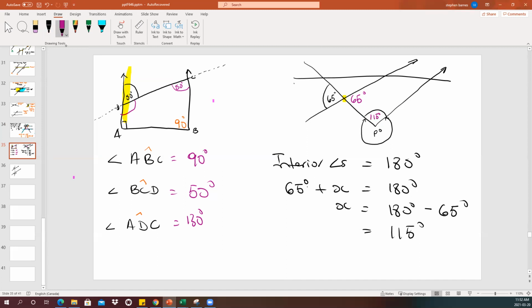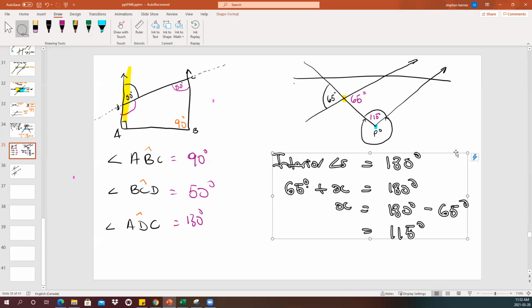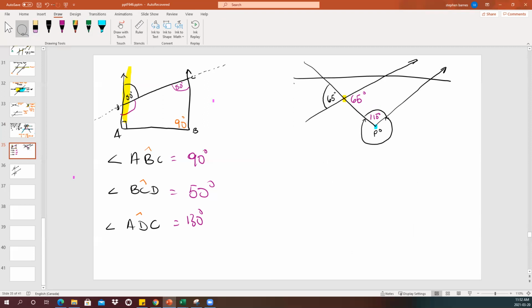115 degrees. So now, having found all of that, I can now find the angle that I was asked to find, which is angle P. Because we see that angle P is around a point with 115 degrees, and we know that all angles that are around a point sum to, not 180, 360 degrees, right?